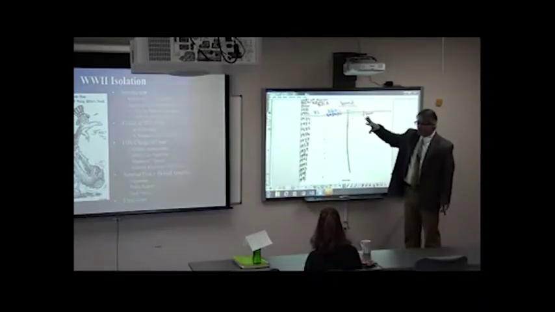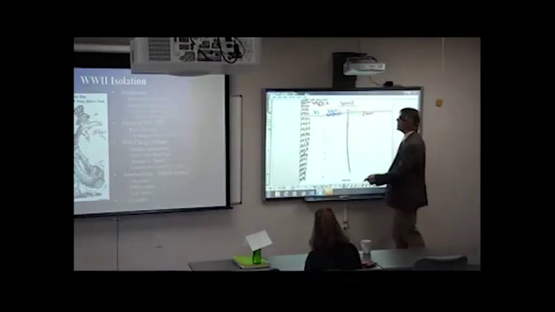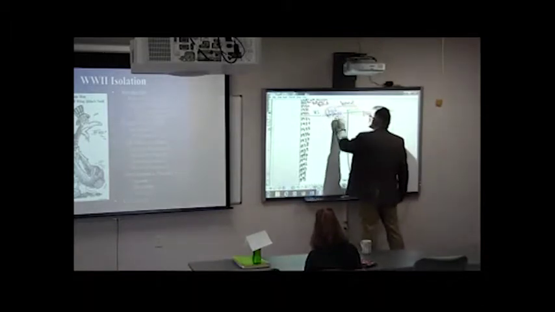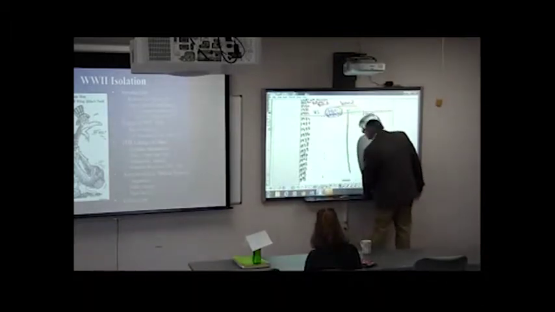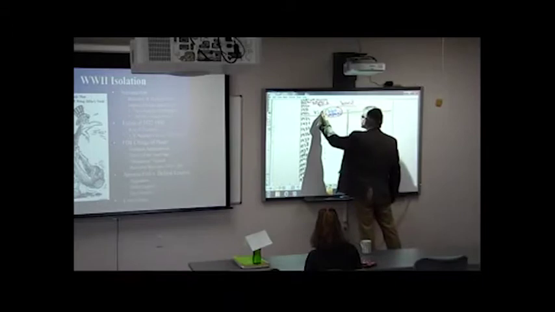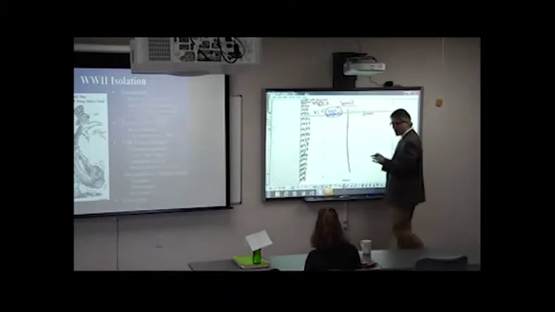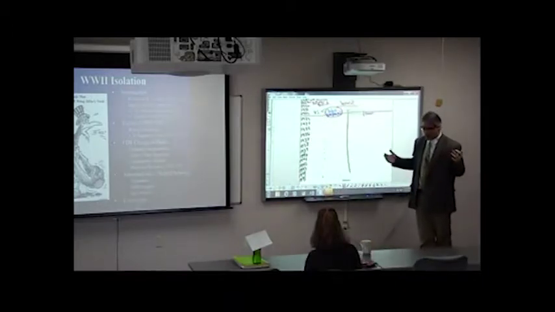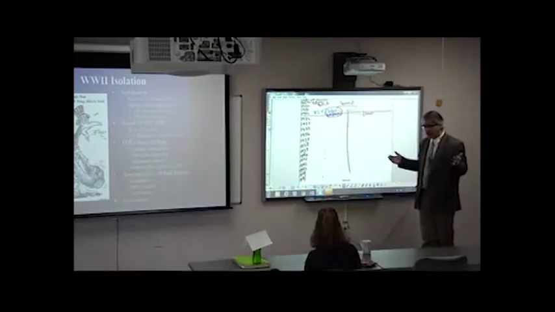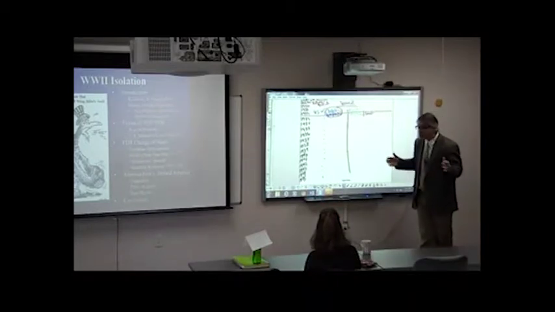These are examples showing how the West is moving closer to the American point of view. The United States does not agree to the Treaty of Versailles. The United States does not join the League of Nations. The United States is not even a part of the World Court. But it doesn't mean we're isolationists.